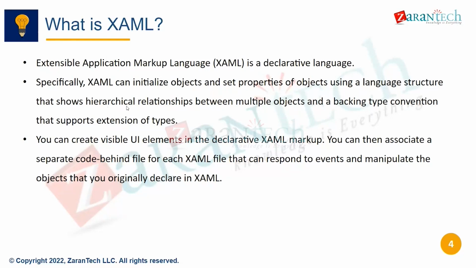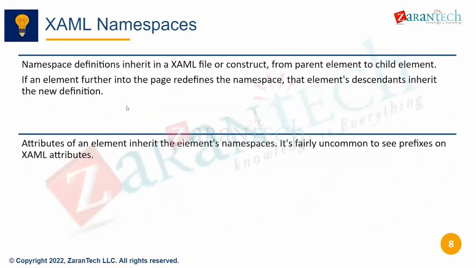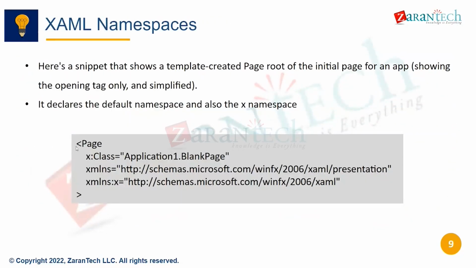Okay, have you ever seen how we can write XAML? First I will just give you an example. When we try to write XAML, we will try to create a page. We include some namespaces, which we will talk about later.